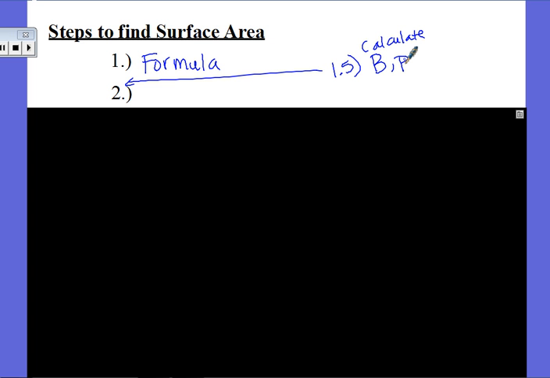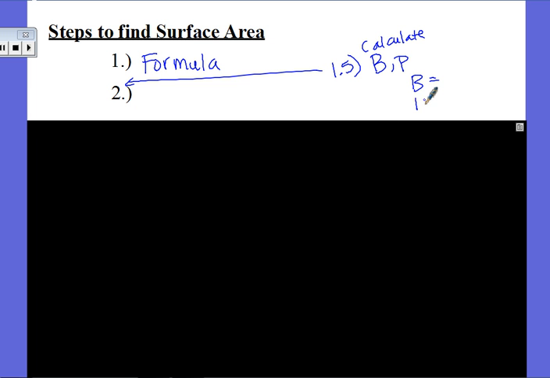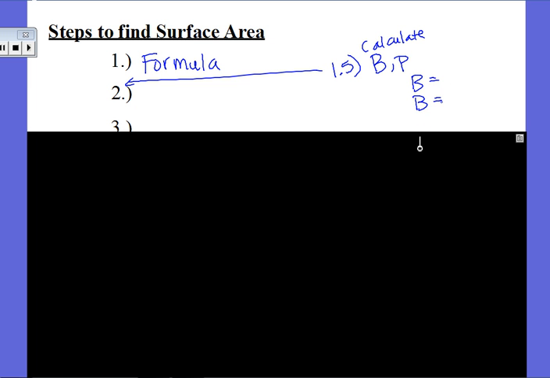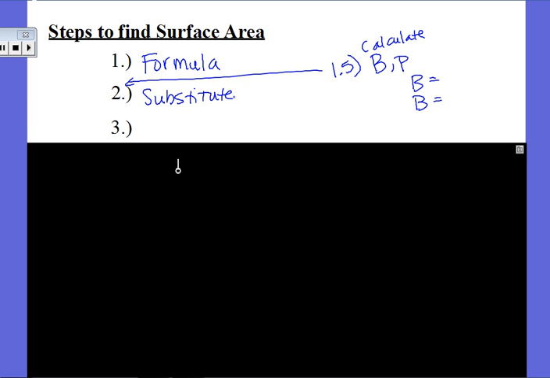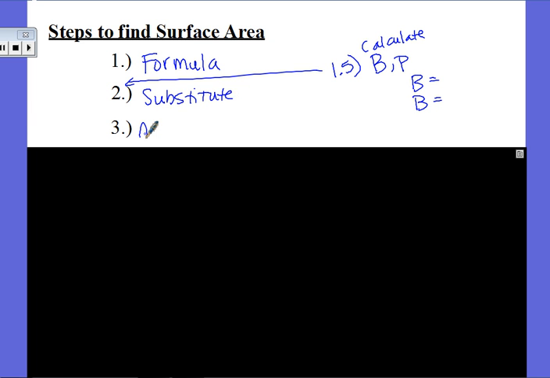We need to do those calculations off to the side with B equals and a formula, or P equals and a formula, and then B equals with a substitution, and then the answer with units. So we show those calculations first. Then our second step is to substitute that capital B or lowercase p and any other dimensions into the original formula. After that, we do our calculations to get our answer with units.